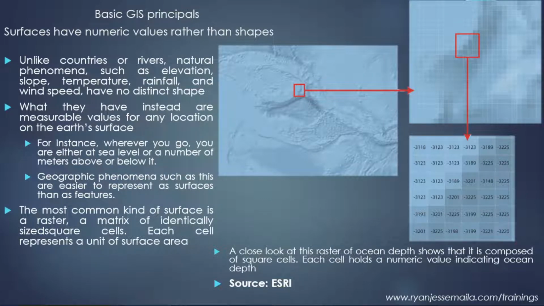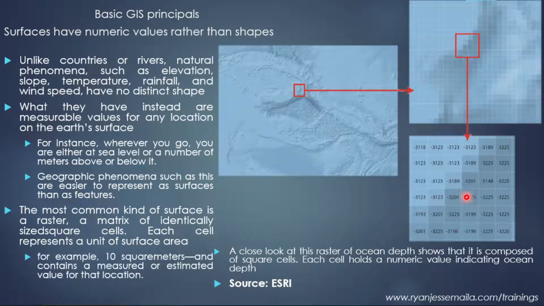So the most common kind of surface is a raster. And basically a raster is a matrix of identical sized square cells. And each cell represents a unit of surface area, like we have seen here, for example, 10 square meters, and contains a measured or estimated value for that location.